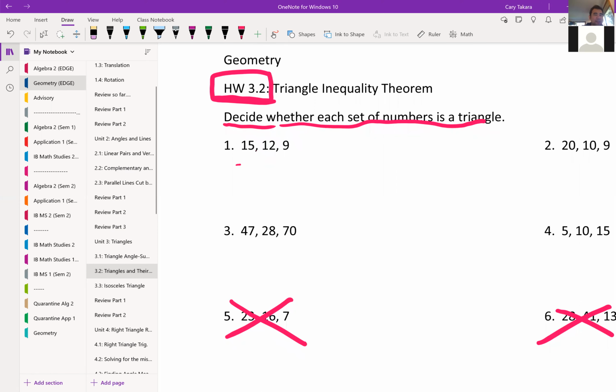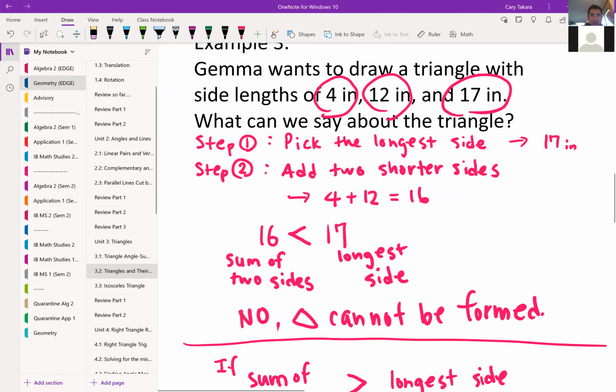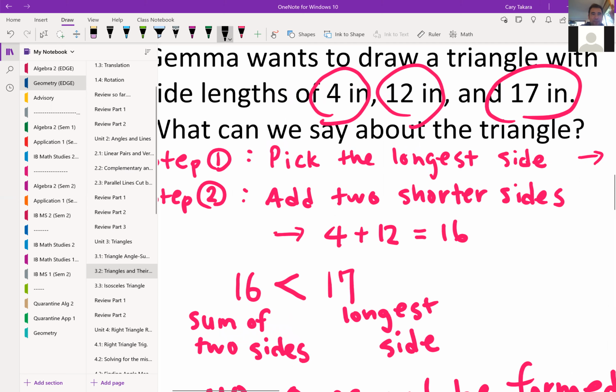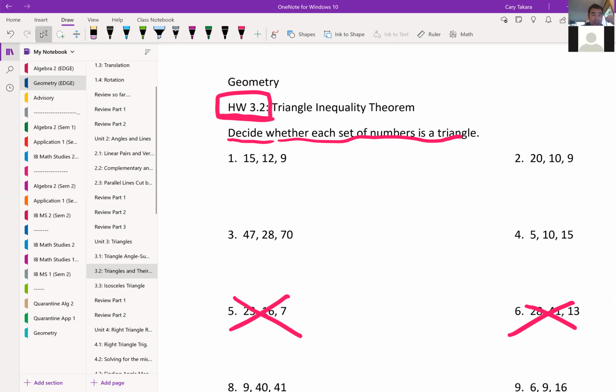Okay. How do you do that? Step 1. What's the first step? Step 1 is you're going to pick the longest side. Okay, what's the longest side? Longest side is 15.